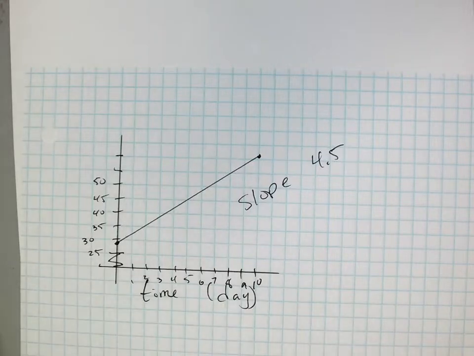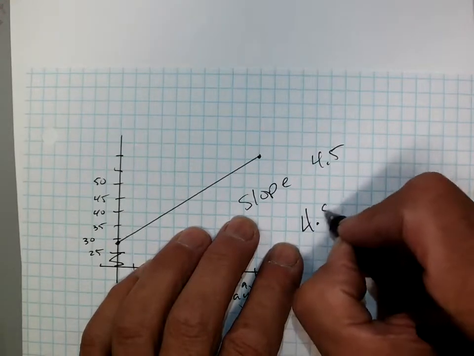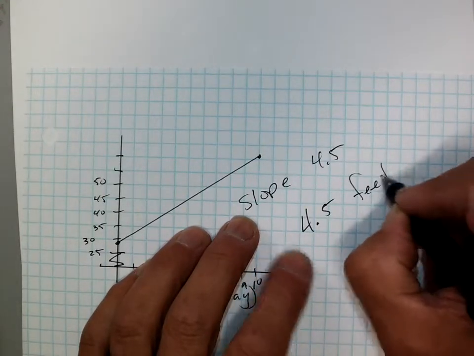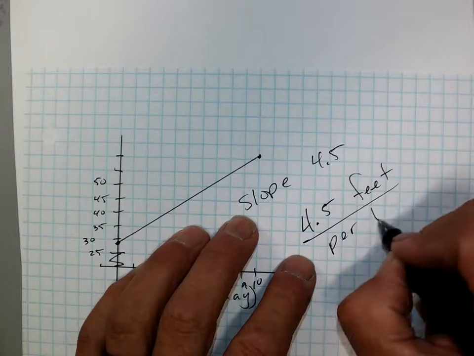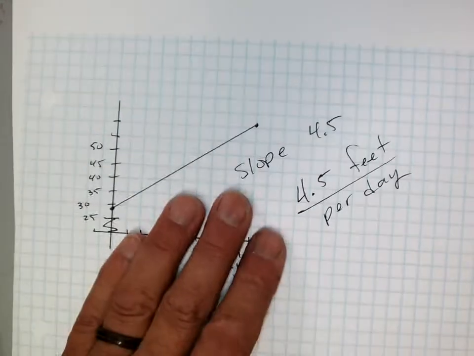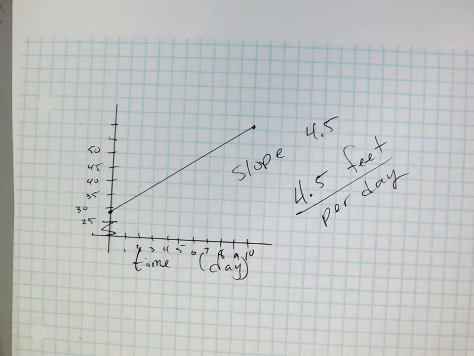Right, so put that all together and tell me what slope represents. The change of water over... Right, change of water height over a day. I'm just going to say that we have 4.5 feet of water per day. How's that for words? Would you agree with that? We're gaining 4.5 feet per day. Okay, that's easy.